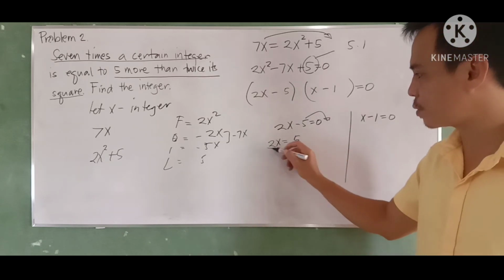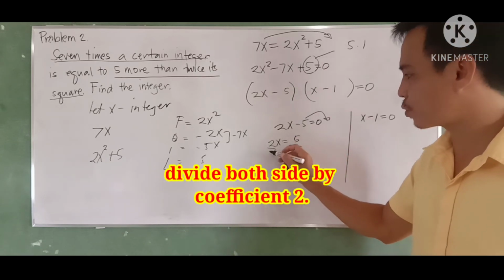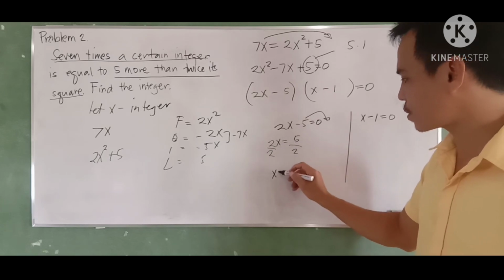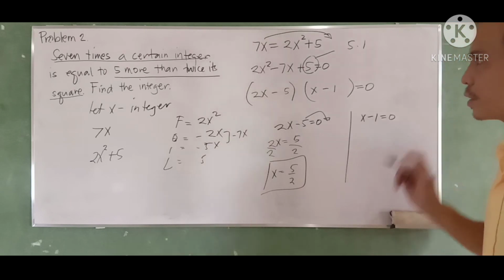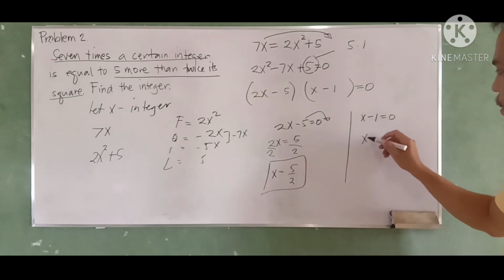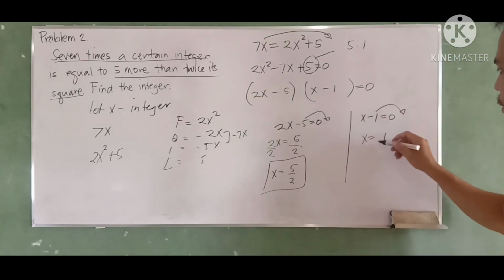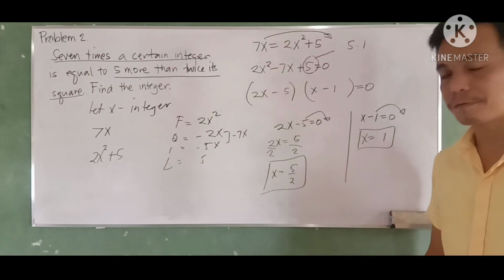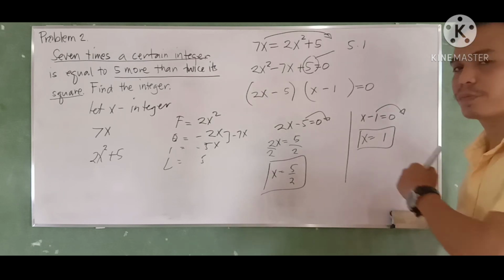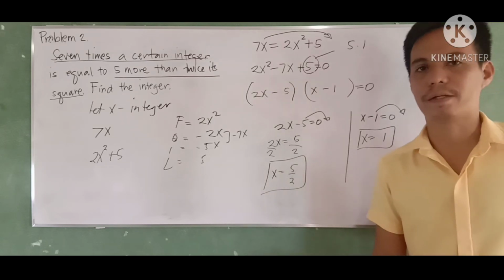Getting the x is to divide both sides by 2. So we have x is equal to 5 halves. And the other one is x is equal to positive 1. So there you have it, guys. Our answers are 5 over 2 and x is equal to 1.